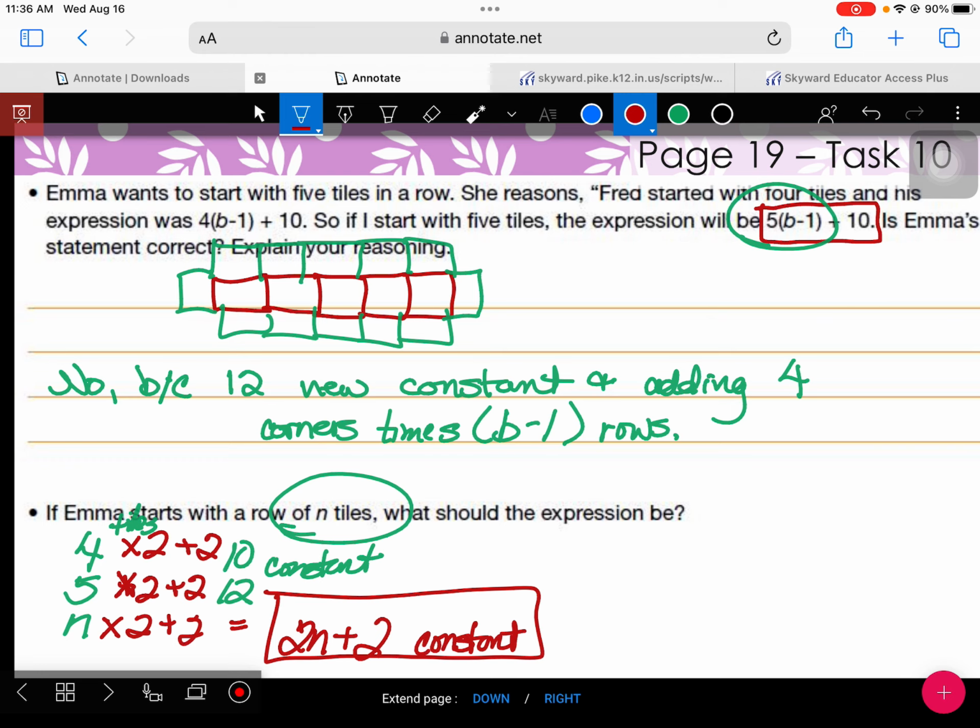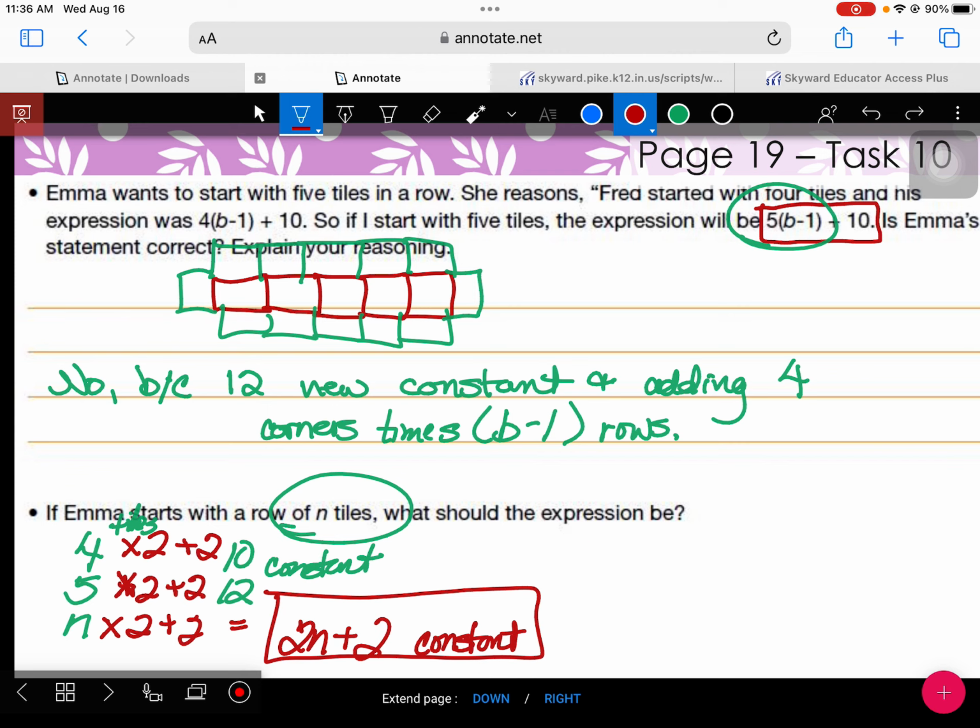This is my constant border tiles. How do I show the rest of it? 4 times what? No. Not 4 times the constant. The constant is constant.